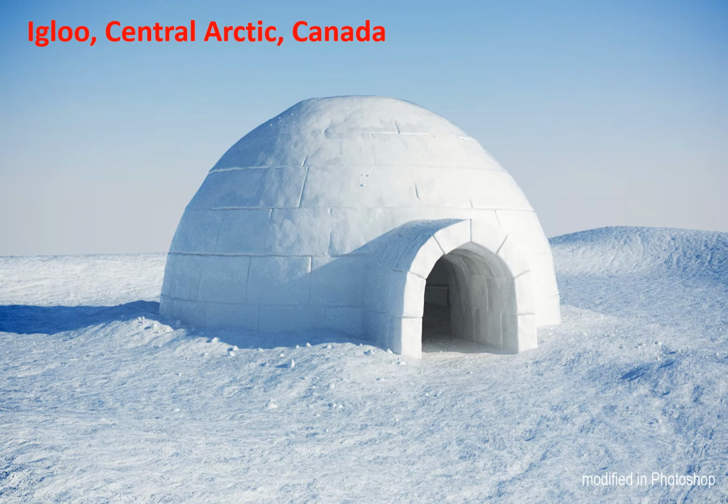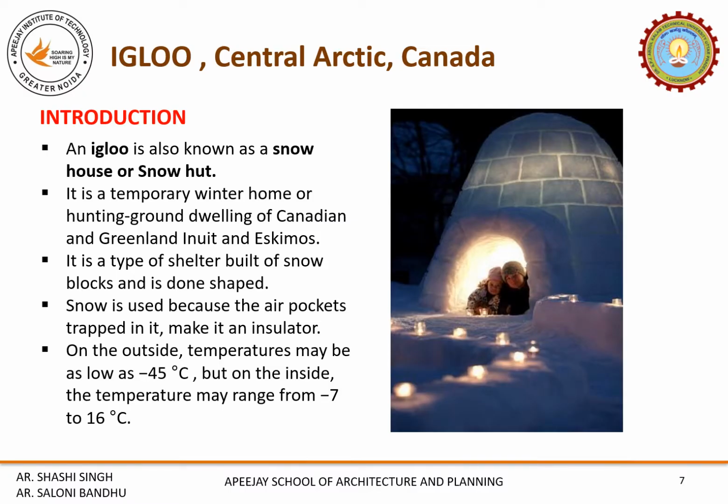The first example we will be discussing today is of igloos from the Central Arctic region of Canada. An igloo is also known as a snow house or a snow hut. It is a temporary winter home or hunting ground dwelling of Canadian and Greenland Inuits and Eskimos. This type of shelter is built of snow blocks and is dome shaped.